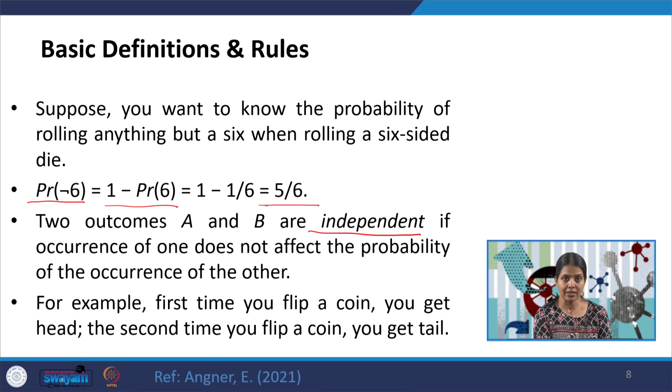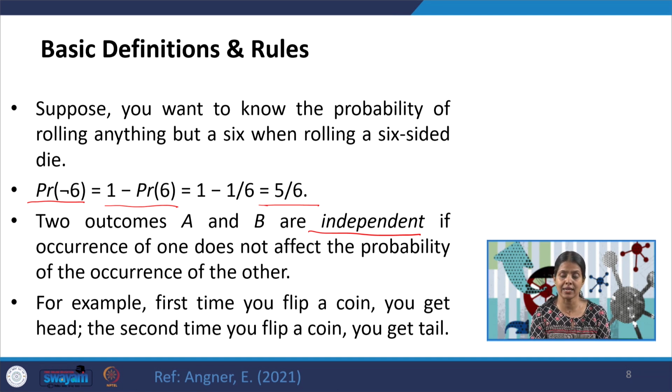The coin of course does not remember what it produced on the first trial, and it does not decide what is going to happen in the second trial. So, whenever we flip a coin, the outcomes are independent of each other. First head does not imply that the next one will be either head or tail, both of them have equal probability. So, that is why we say that these two events are independent of each other.